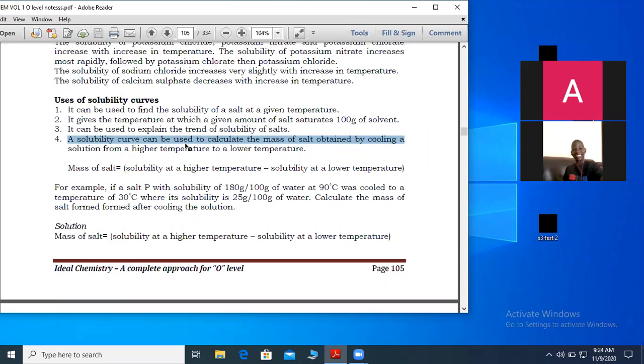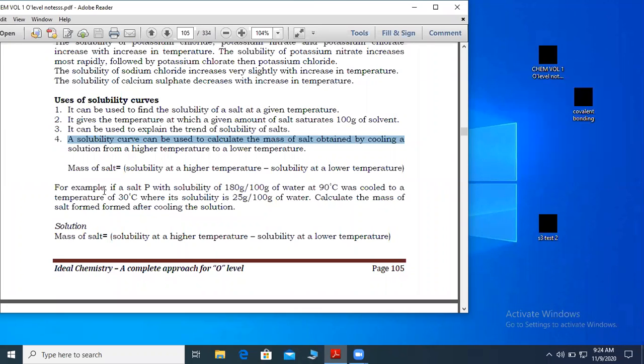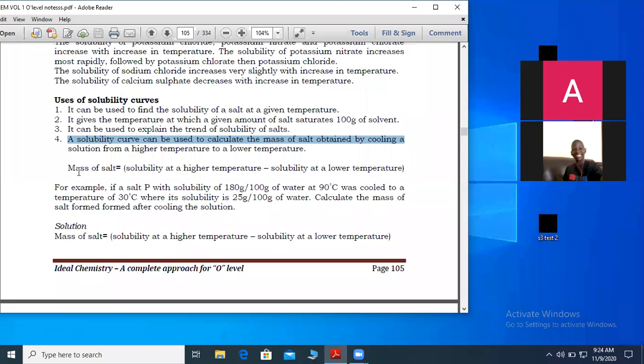It can be used to calculate the mass of salt obtained by cooling a solution. And how did we say we get the mass of crystals deposited? We get the solubility at higher temperature and we subtract the solubility at lower temperature.